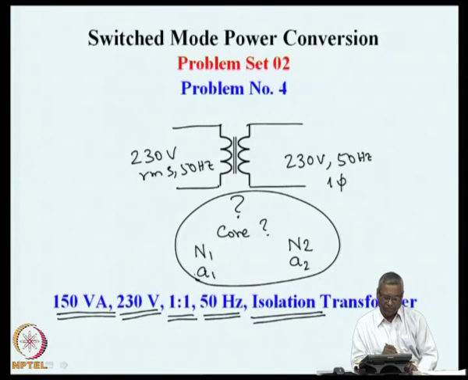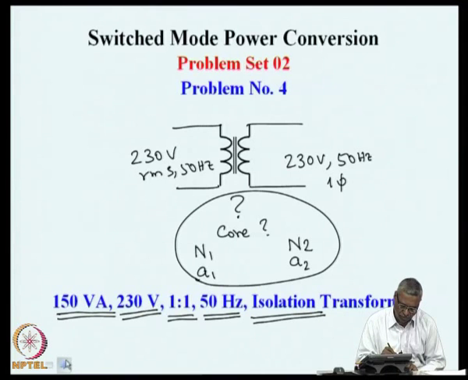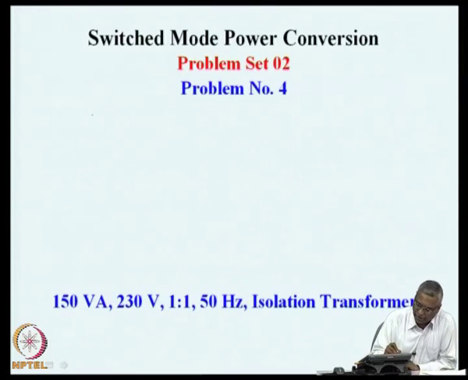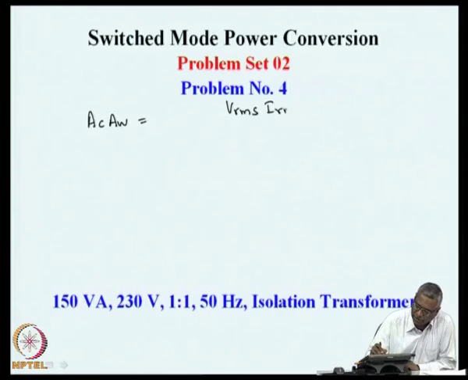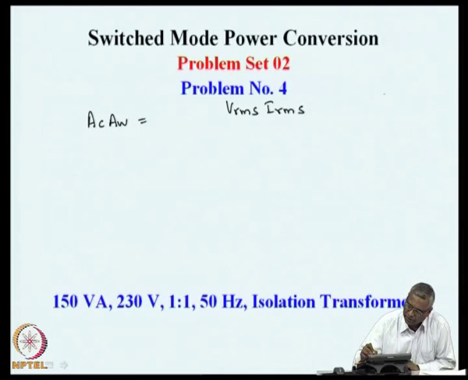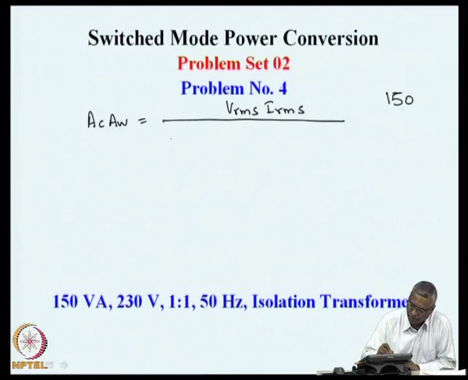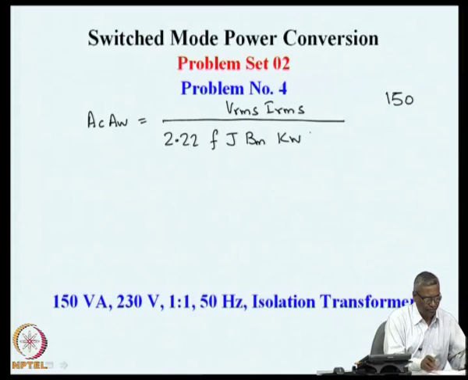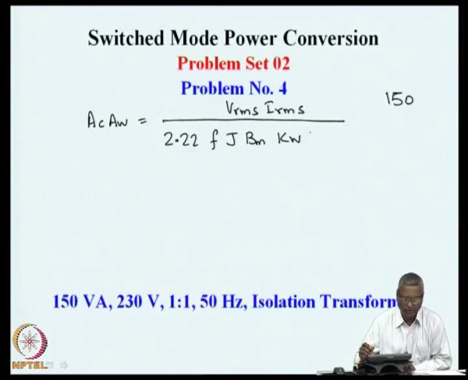In this particular example, we might go through this process and see that ACAW is the product Vrms IRMS, and that product is 150 VA, which is given to us, divided by 2.22 F J Bm Kw.